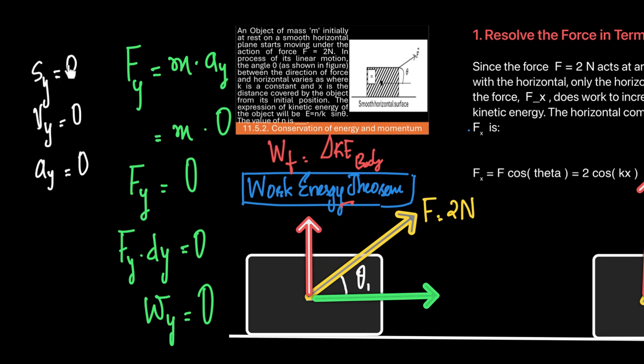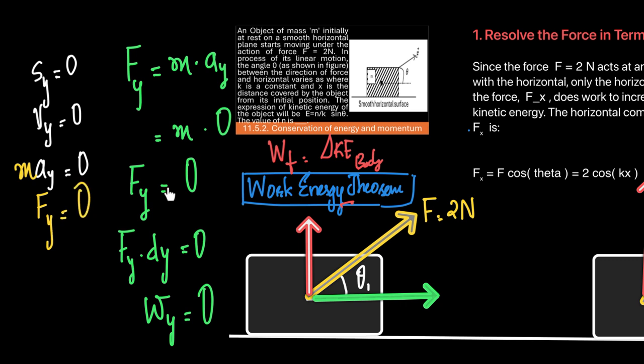If you differentiate this equation on both sides with respect to time, we can say that the velocity of the object in the y direction is equal to 0. Differentiating again, acceleration in the y direction is equal to 0. Now, if you multiply this with m on both sides, m into ay is equal to 0. What is m into ay? m into ay is Fy, which is equal to 0.